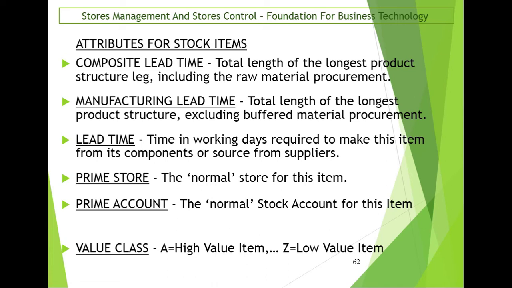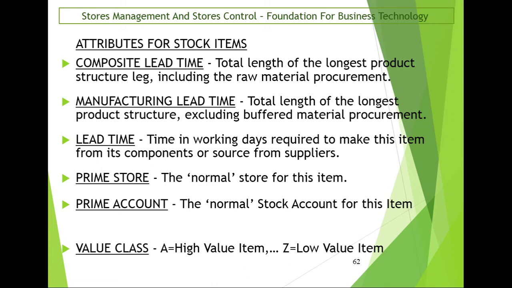So you now rank these items according to the value of one item. Then you probably say the top 5% or 10%, we call them high value items. The next 20%, we call them maybe middle value, and then the rest of the 70%, we call them low value items.